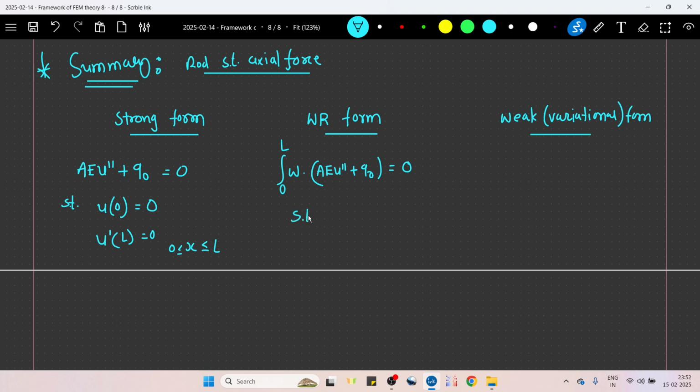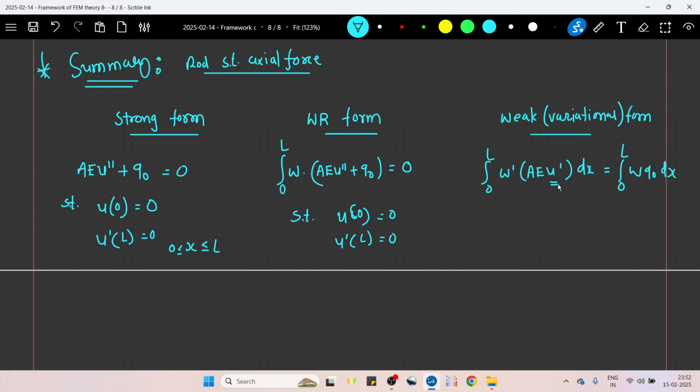Here also we'll say u0 equal to 0 and u dash at L equal to 0. And what is our weak form? The weak form is the integral from 0 to L of w dash a u dash dx is equal to the integral from 0 to L of w q0 dx.